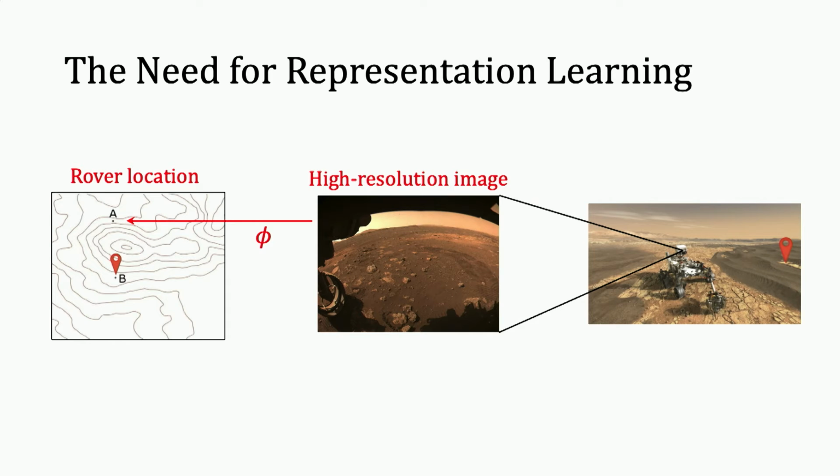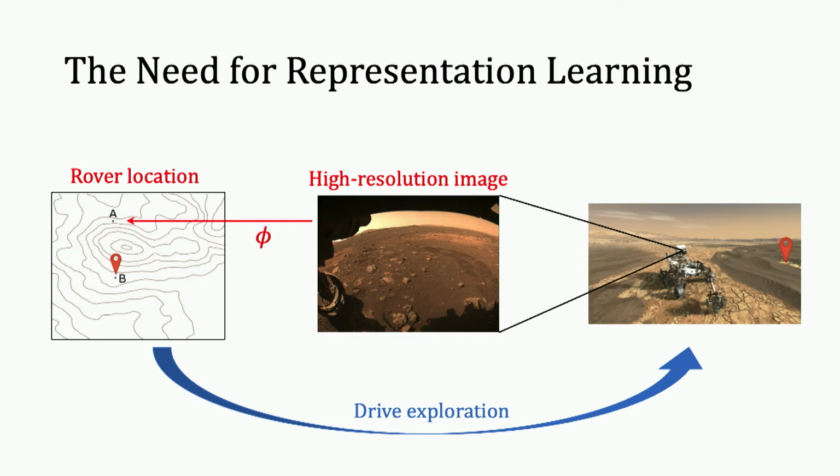Okay, so hidden and perhaps not known to us is a low-dimensional state, and the observations are high-dimensional. And perhaps we can imagine that there is a map phi, which we don't know, that takes the high-dimensional image and maps it back to the low-dimensional representation.